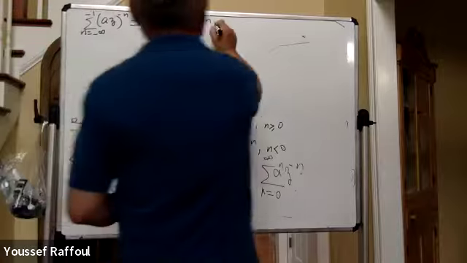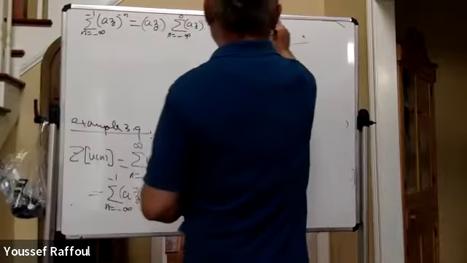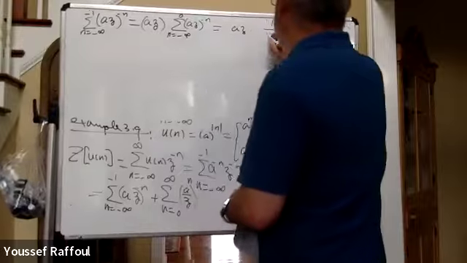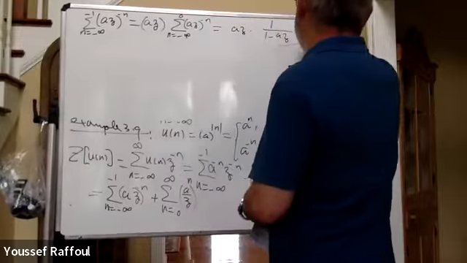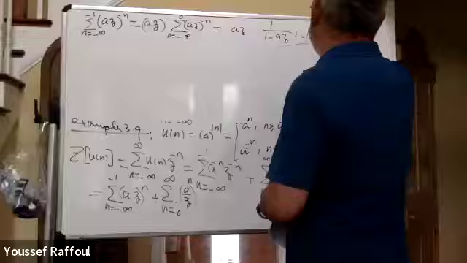And so this is az times 1 over 1 minus az, and this is provided |az| is less than 1.